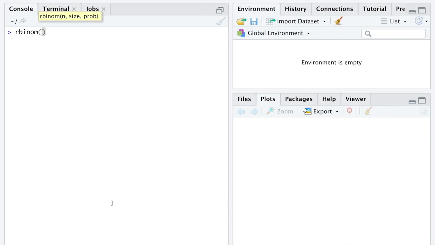The arguments to rbinom in the case of a Bernoulli are how many observations you want. Let's just say 3. And then for a Bernoulli, you will always put 1 for the size. And then you'll put the probability of whatever process you are pretending.